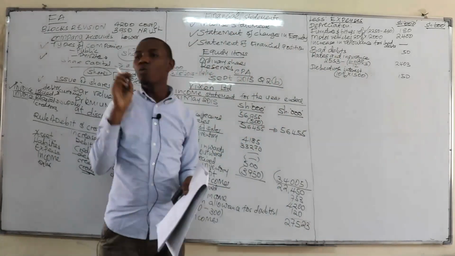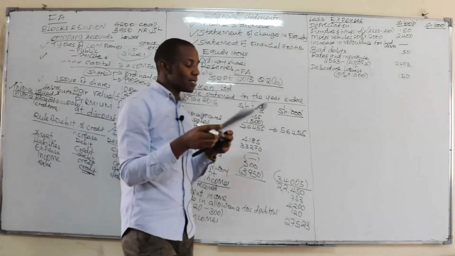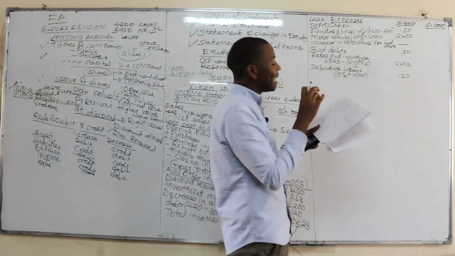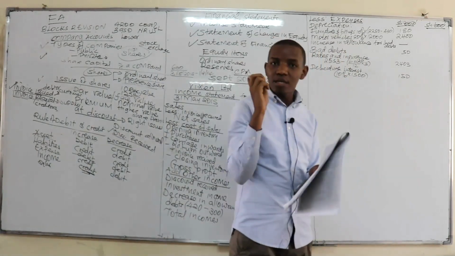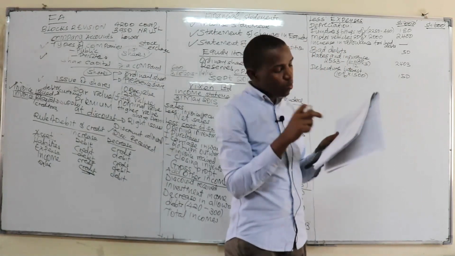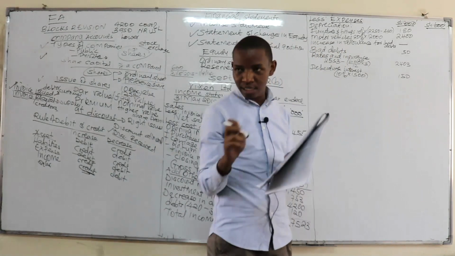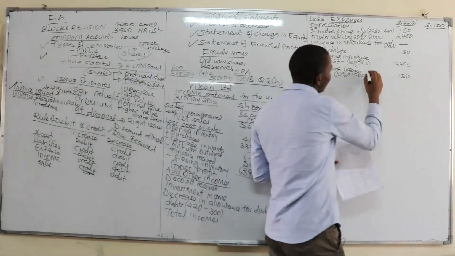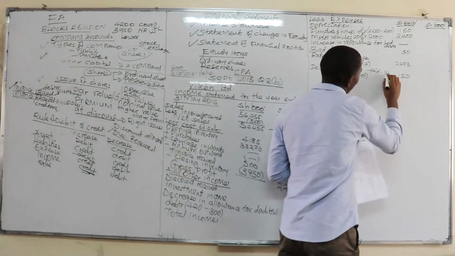It will be 150. But when you check on the trial balance, second last line, I said whatever is on the trial balance is what they have paid. So you can check that we have the debenture interest there, which is what was paid. They paid how much? 75.